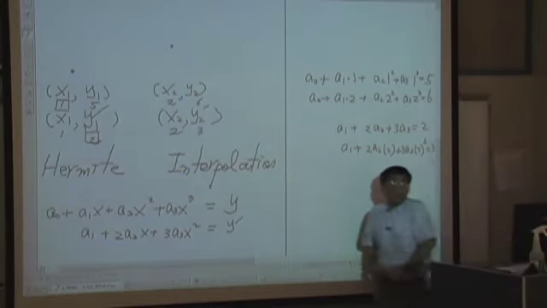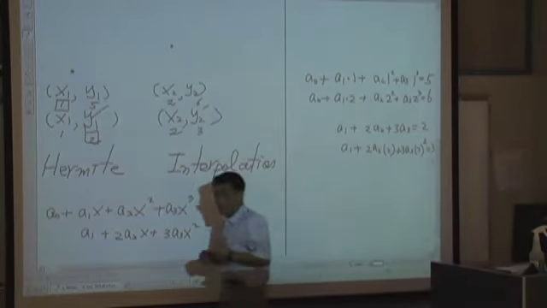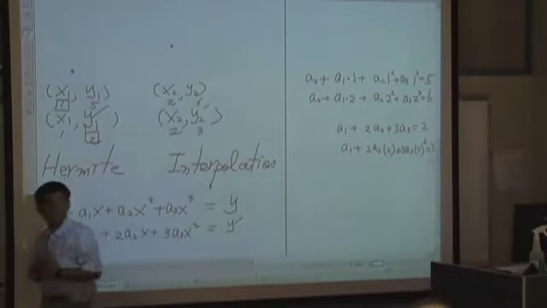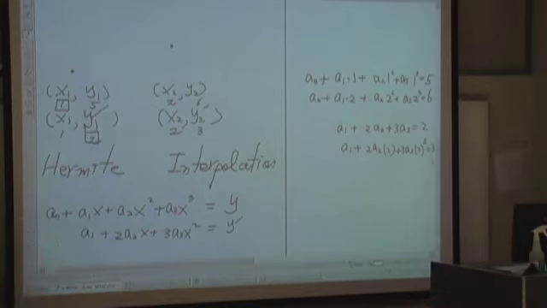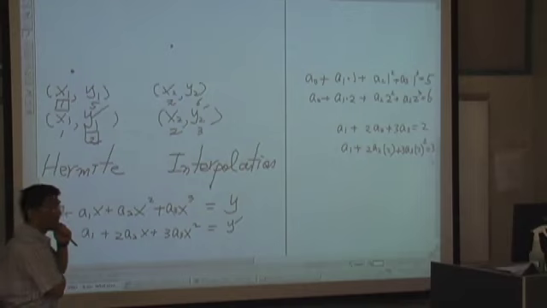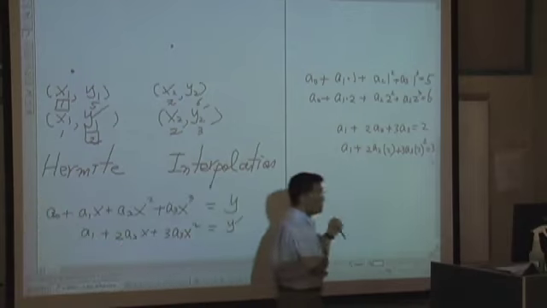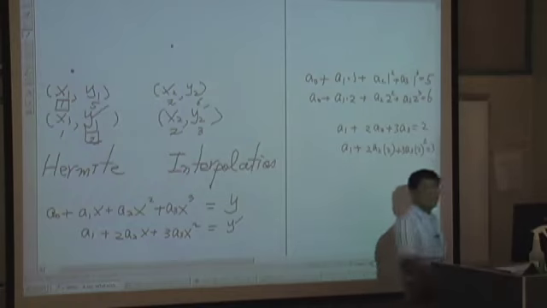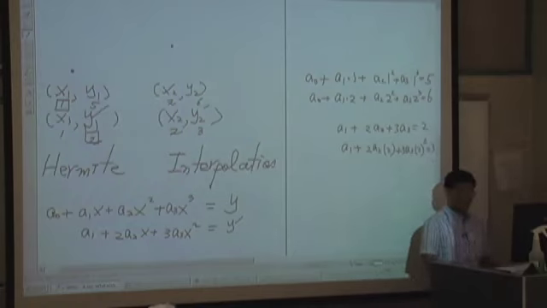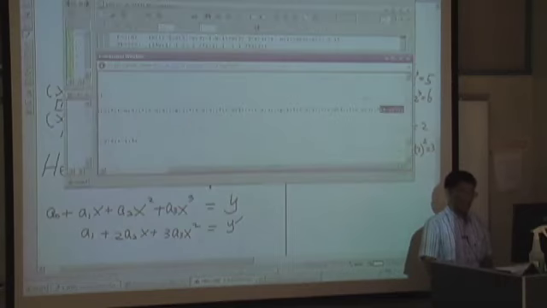So we have a total of 4 unknowns and 4 equations. So it's a linear system of 4 by 4, right? So you can solve this system for A0 to A3. So this is it. Then it's not me who solves this thing. It's MATLAB that should solve this system.